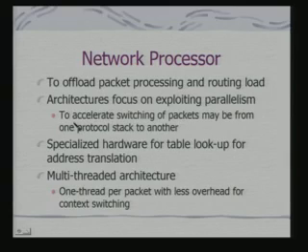The architectures of these network processors which are targeted for use in routers focus on exploiting parallelism to accelerate switching of packets, maybe from one protocol stack to another. We have considered an example of routing packets from one Ethernet to another Ethernet, but it can be from one Ethernet network to a token ring network.